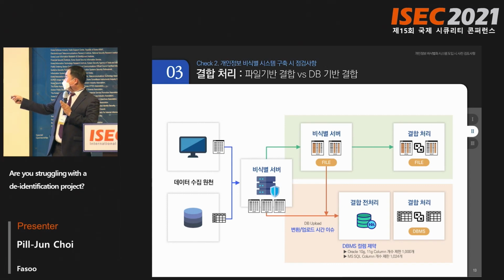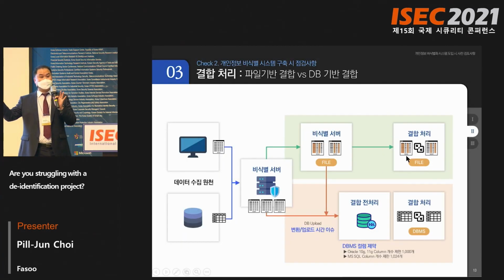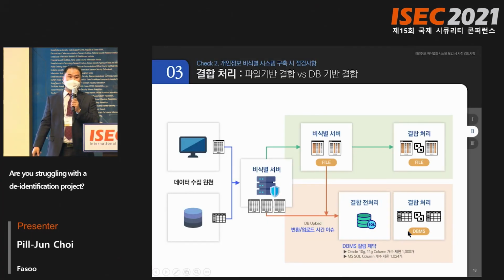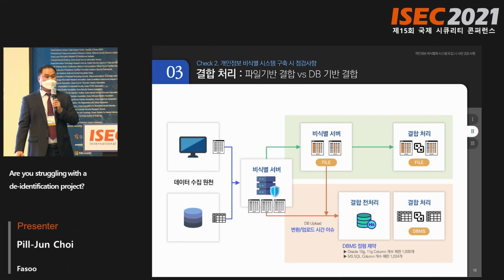Let's say the limitation is 1000, and the data to be combined has 700 columns each. Then, as a result, you need to process 1400. Then it means that this database cannot process the data set to be combined.